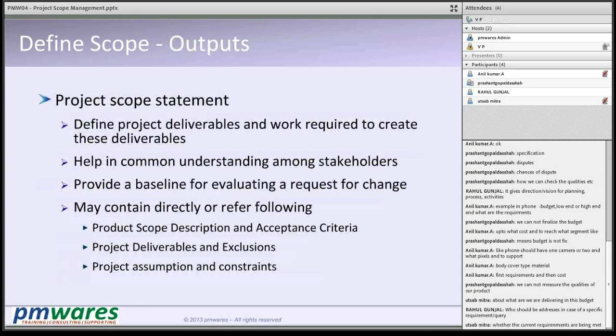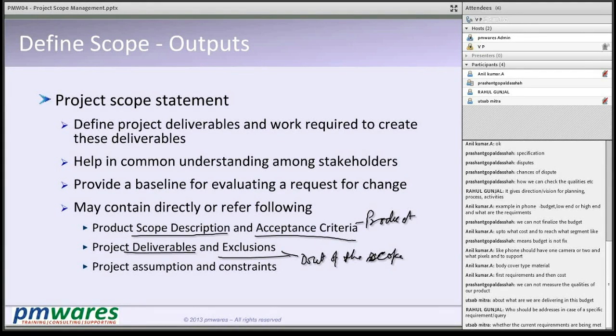You come out with a scope statement which talks about the scope description, what is in the scope, acceptance criteria for the product, the final outcome, what all deliverables are there, any exclusions, meaning out of the scope, and all the assumptions and constraints.